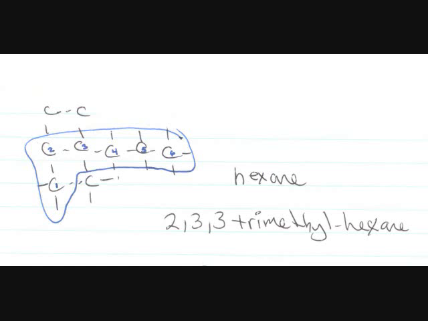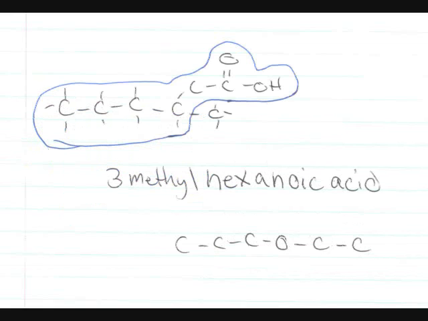Last one, and then we're going to get into what we did in the lab. All right, so we've got a carbon off of a carbon, and then there's a carboxylic acid off of a carbon.